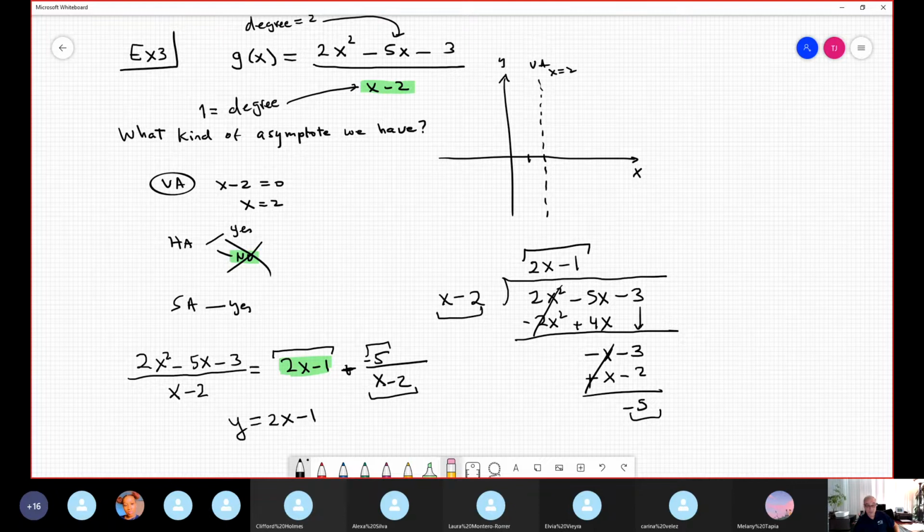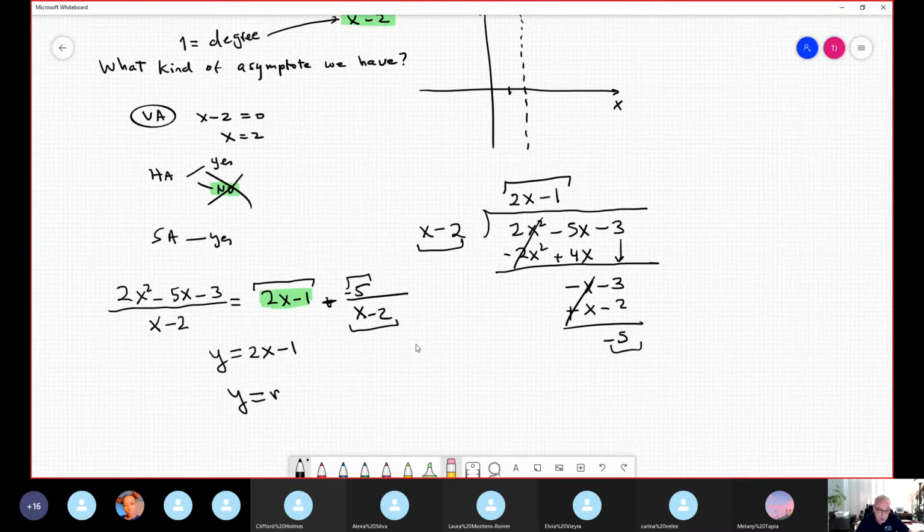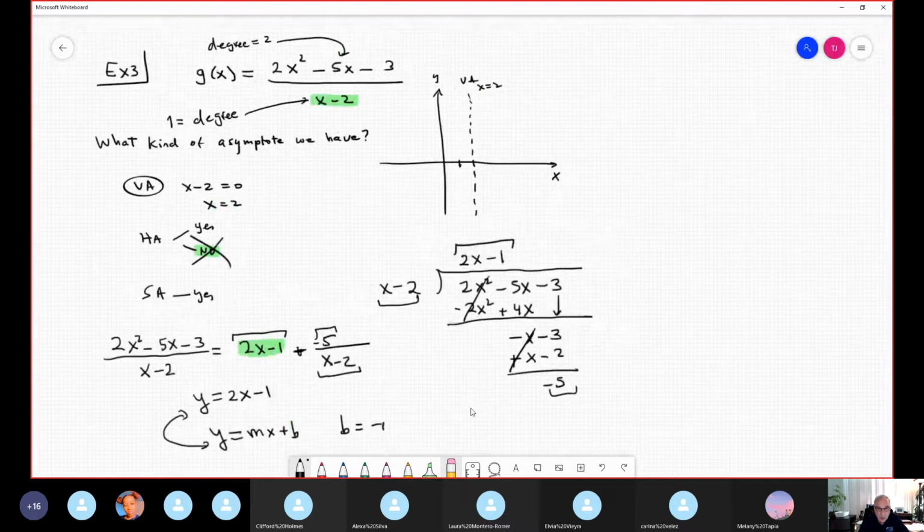Do you want to do the graph of the slant? Well, you know the equation for the line is y equal mx plus b. Compare this equation and this equation: b is negative, that means the y-intercept of this line is at 0, negative, over there. And the slope is the coefficient in front of the x.